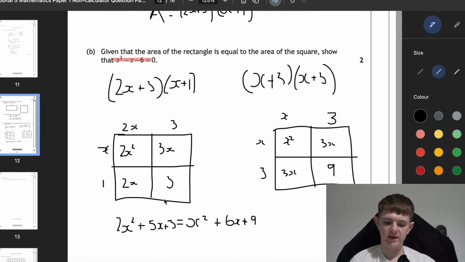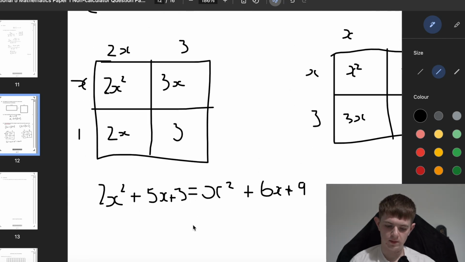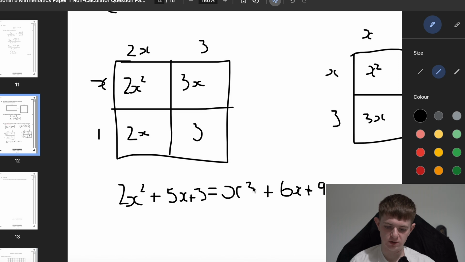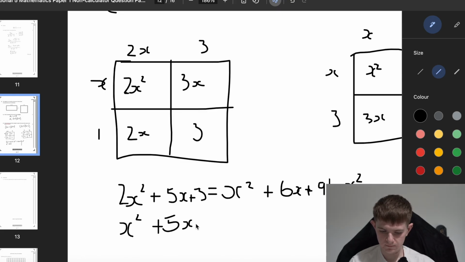Now we need to get that to this. So I'm going to make sure my x squareds are positive. So I'm going to take away x squared from this side. So I've got now 2x squared take away x squared, which is x squared. Add the rest. 5x add 3 equals 6x add 9.